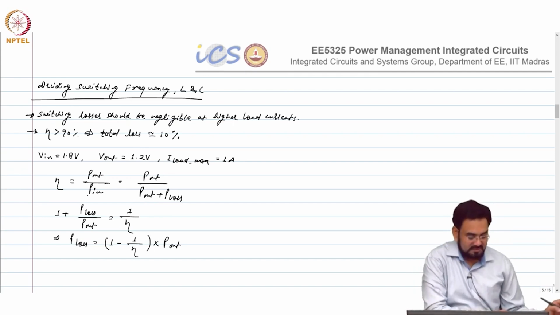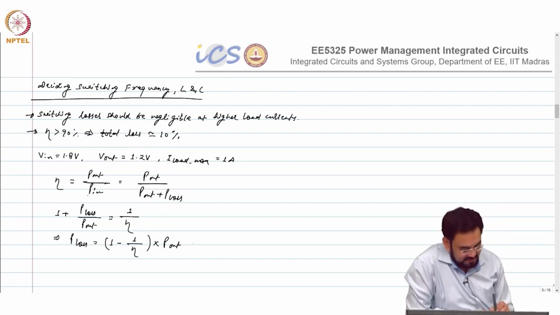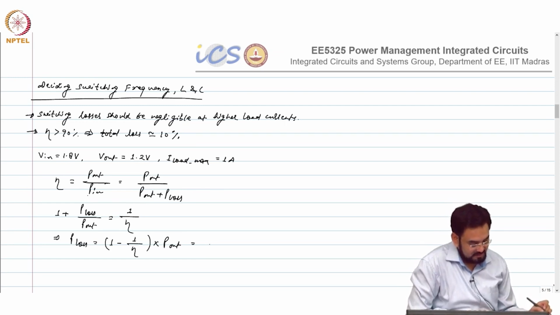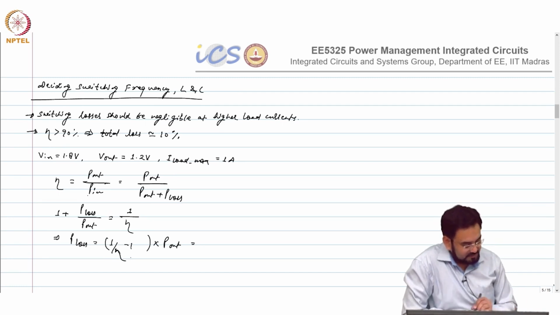So zeta is 0.9. This is 1 over 0.9 minus 1 times P out.